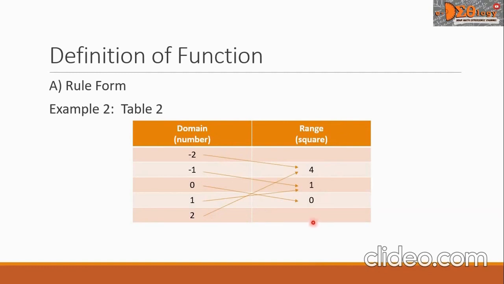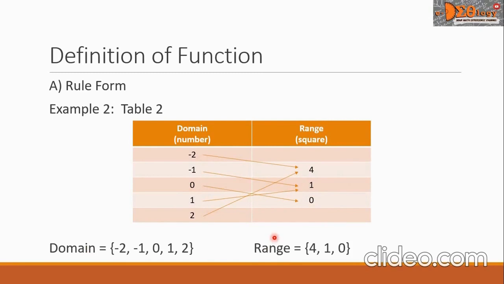It means if I square -2, it will go to +4. -1 squared will be +1. 0 squared is 0. 1 squared is +1. 2 squared is +4. The domain here is the set -2, -1, 0, 1, and 2.